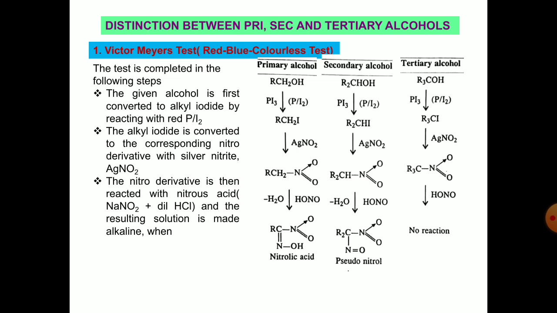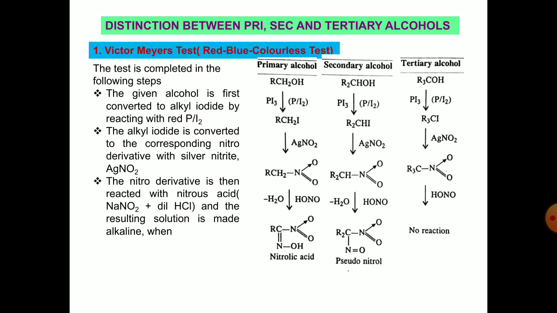We have given nitrous acid, HONO, that means HNO2. If we give HONO, then the two hydrogen atoms of the carbon of the above compound combine with the O of NO, giving RC=NOH. This is called nitrolic acid.